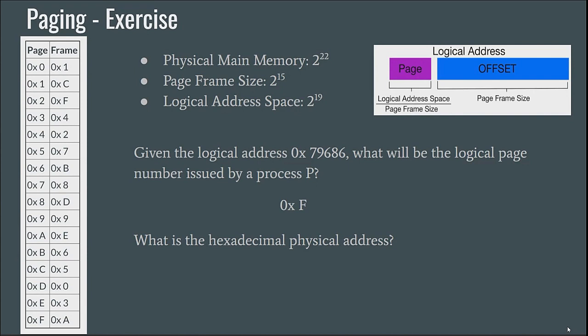Remember, once you get that binary number after converting 79686, separate the offset. Count out 15 bits from the right because our page frame size is 2 to the 15, leave that off, and then count out the next 4 to get the page number.